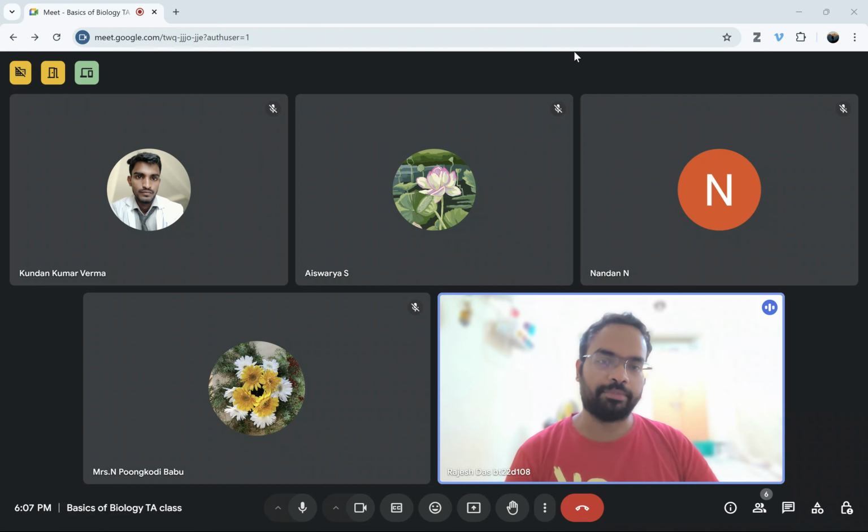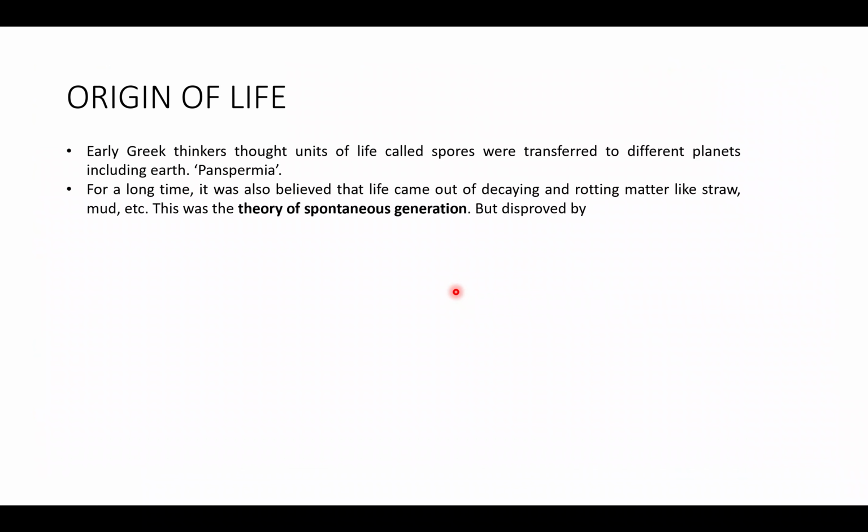In the origin of life, what people had as old ideas is that from the Greek time, early Greek thinkers thought that units of life called spores were transferred to different planets, including Earth. So it came from outer space in the form of spores, which was completely absurd. And as scientists, we don't believe that. That concept was called panspermia.